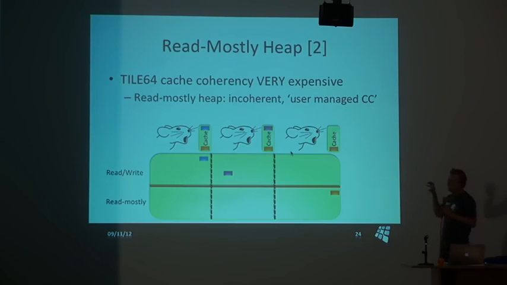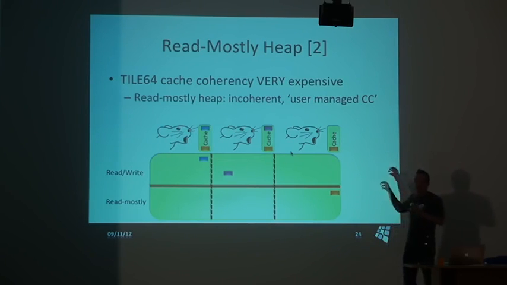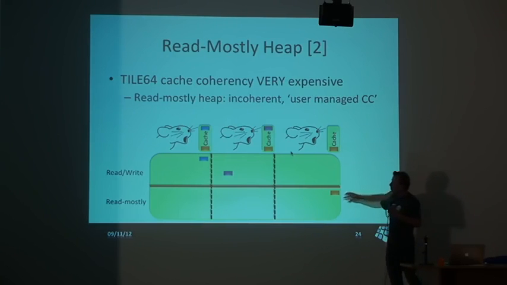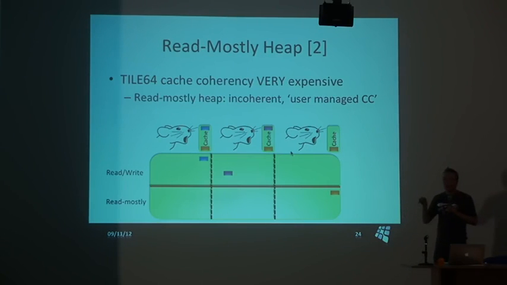So David was looking into a way to build a virtual machine with the assumption that we don't have cheap cache coherency. What he came up with is to divide the heap in two zones. The read-write heap is a normal heap. You can do everything, reading and writing objects there. And in the read-mostly heap, you basically put only the objects you most likely will not change. Methods, classes, general data objects that are seldom touched after initialization will go there.